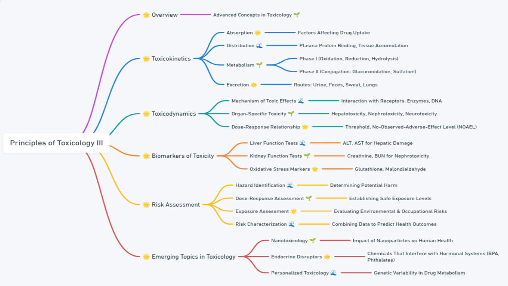But some side effects of a drug are never desirable and are always deleterious to the well-being of humans, and these are referred to as the adverse effects or toxic effects or deleterious effects of the drug. I hope you get this point very well from the mind map.